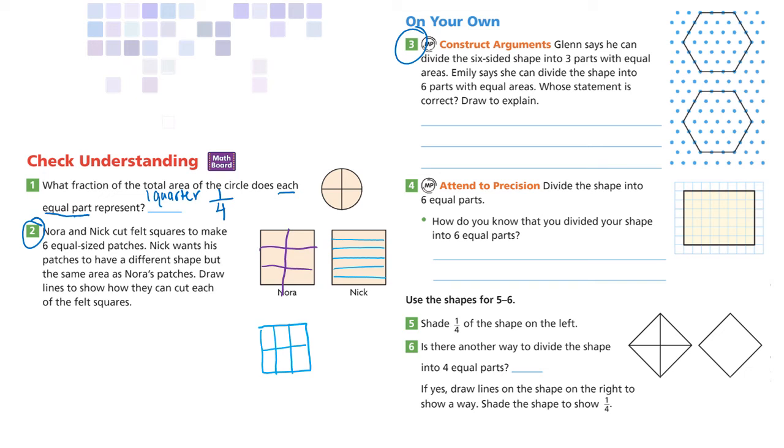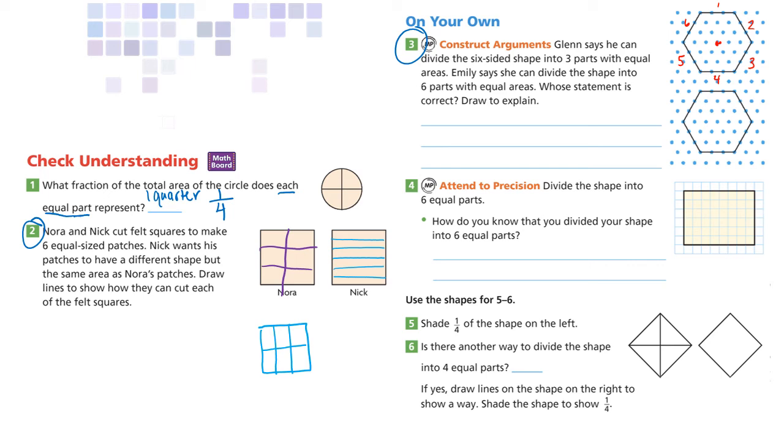Okay, so let's start with Glenn's. I know that this is my middle point, okay, and this is a hexagon, so it has 1, 2, 3, 4, 5, 6 sides. Now, if he's breaking it apart into 3 equal parts, then each part is going to include 2 sides.